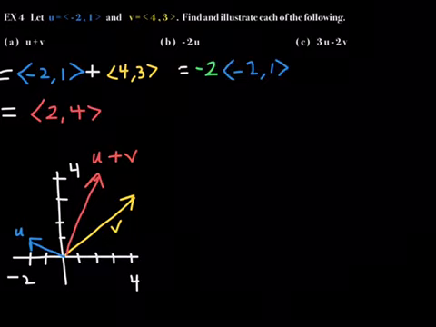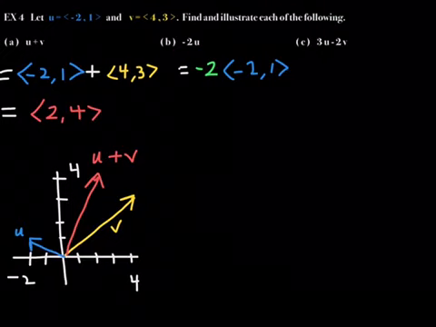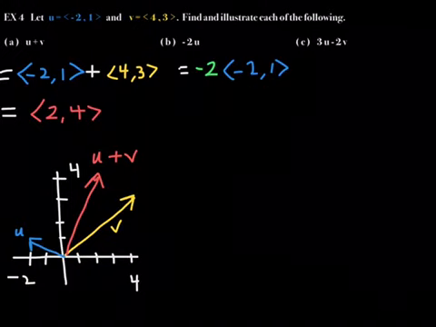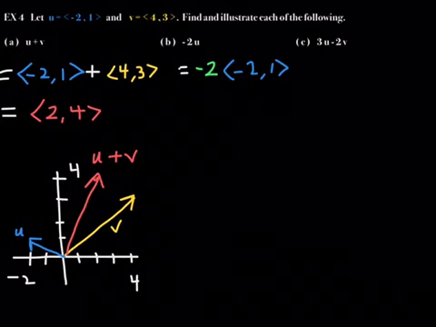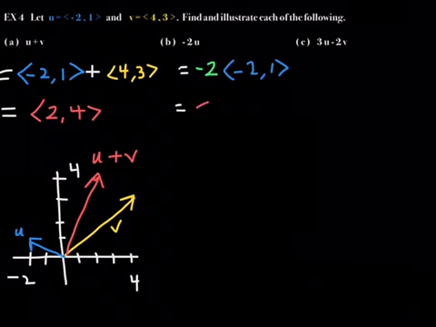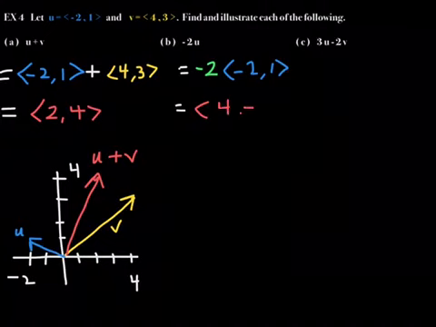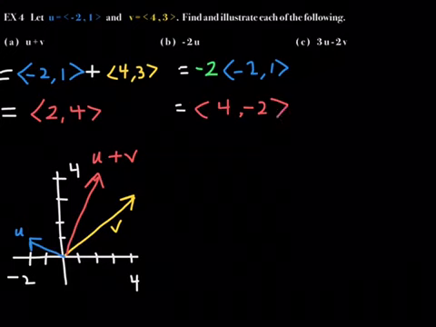For part B, it says to take vector u and multiply it by -2. Okay, so when we do that, I have vector u already written with a scalar of -2. This is equal to multiplying each component by -2. That'll give you +4, comma, -2.